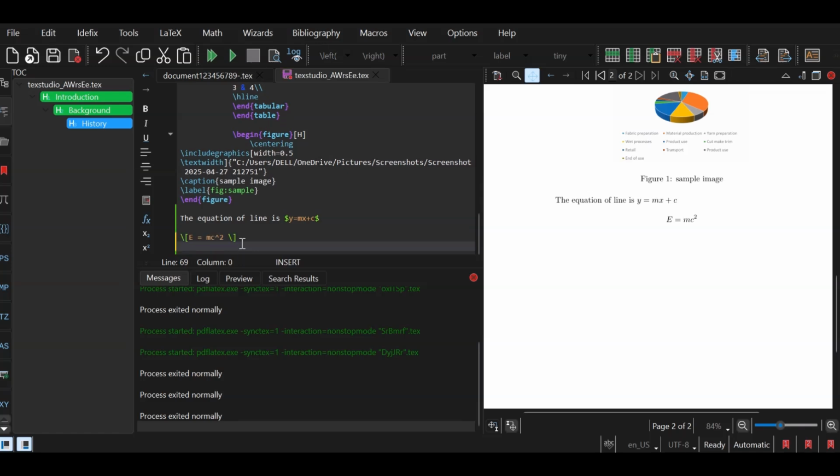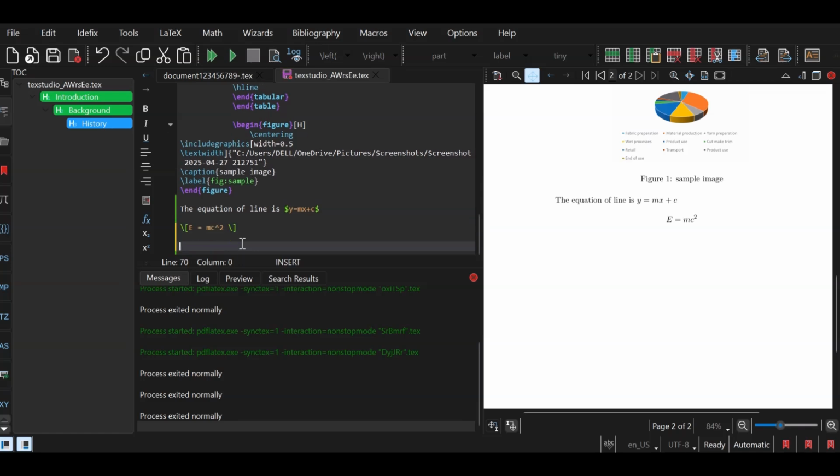After that, how to write subscripts and superscripts. The caret is used for superscript and the underscore should be used for subscript. First write dollar sign and then write E is equals to mc square, and for square you need to write the caret 2.